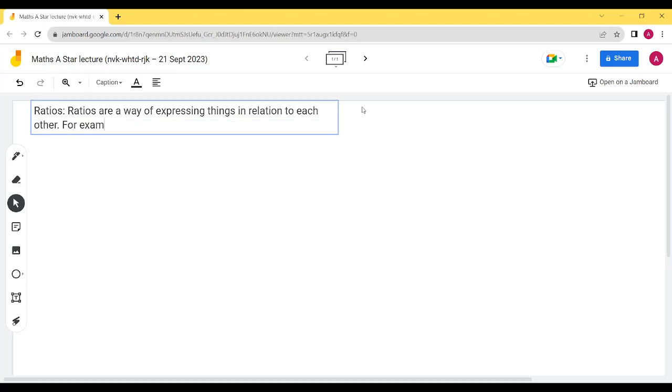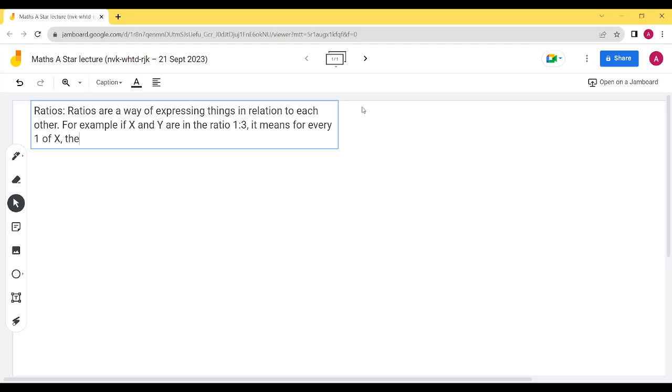For example, if x and y are in the ratio 1 to 3, it means for every 1 of x, there are 3 of y. It's similar to ingredients in a recipe. For every one part of x, there are 3 of y.